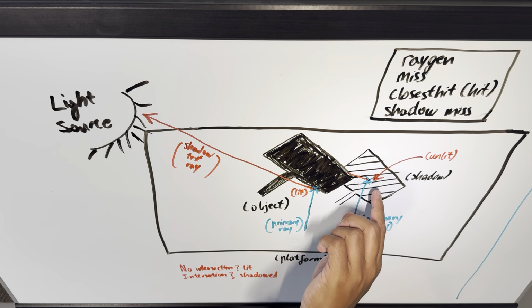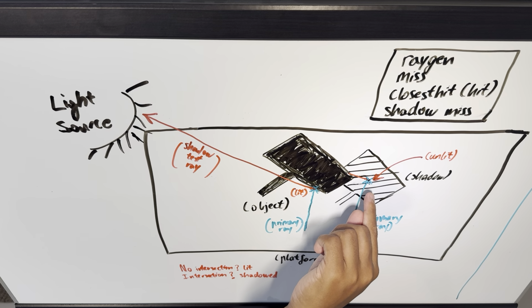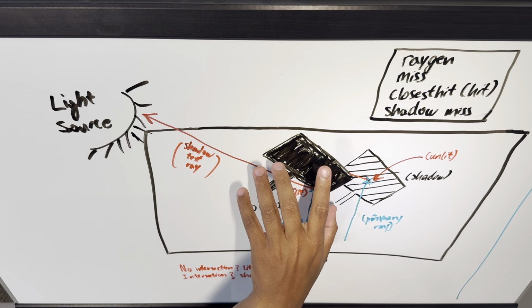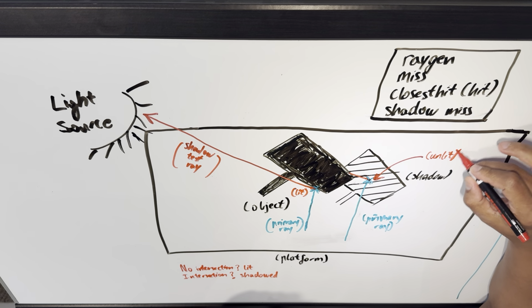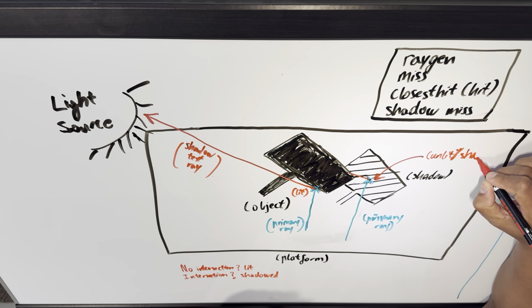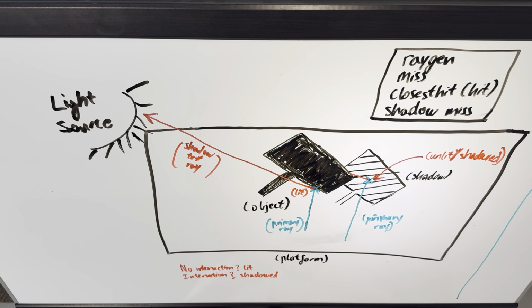But if there is an obstruction, an intersection between that point and the light source, in this case this hammer right here, then we get an unlit or shadowed pixel. So it's unlit, shadowed, what have you. And there you have it, guys.